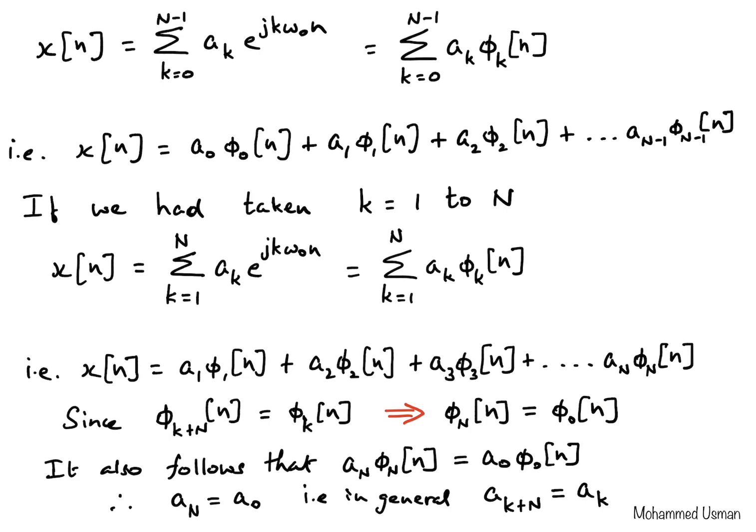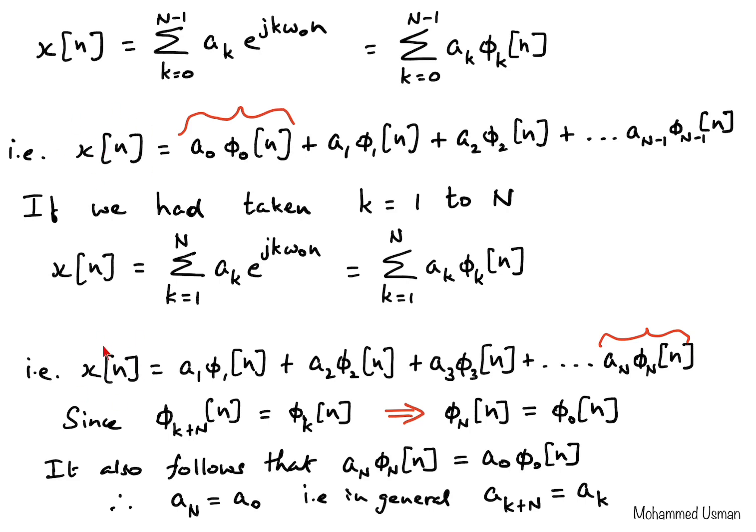So basically what that means is an phi n of n is the same as a0 phi 0 of n, because these are both representing the same sequence.